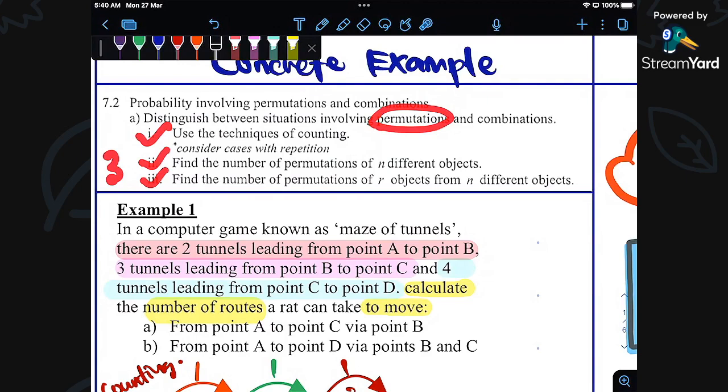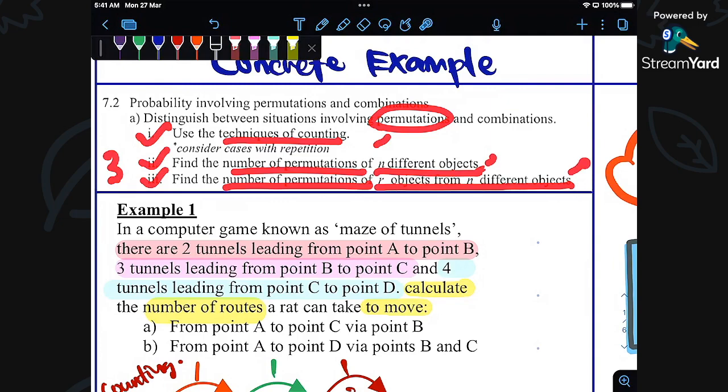The first is using the technique of counting. Then we will find the permutation of n different objects. And then we will find the number of permutations of r objects from n different objects. So these are the first 3 objectives that we will start with.